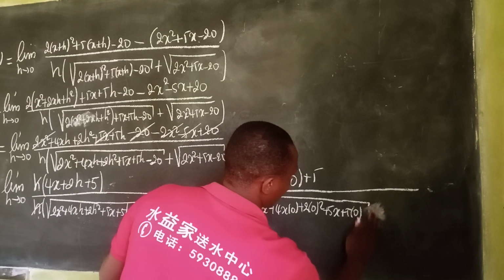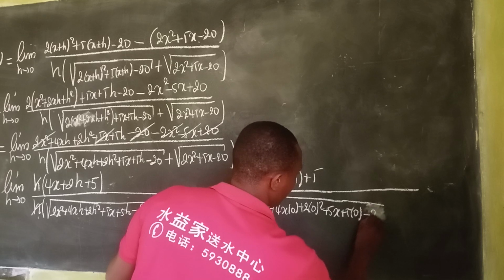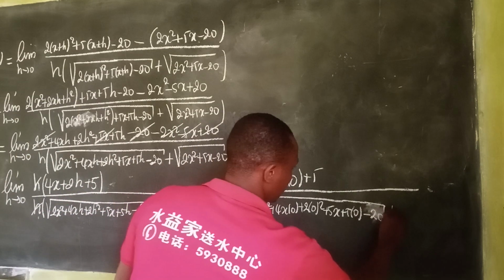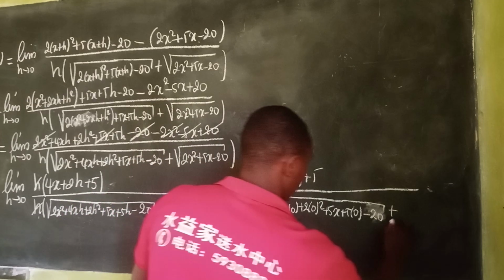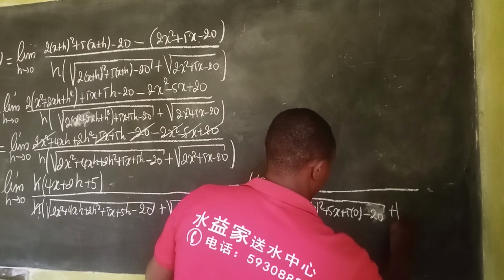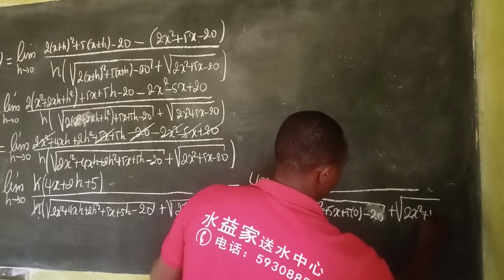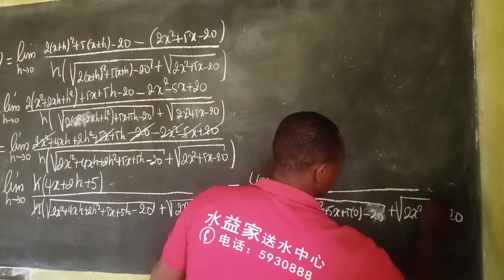It could be here negative 20 plus the square root of 2x² + 5x − 20.